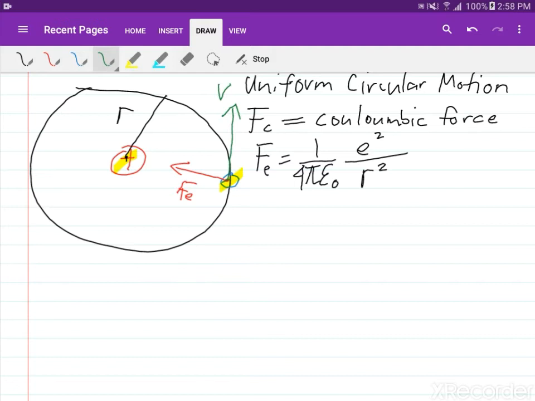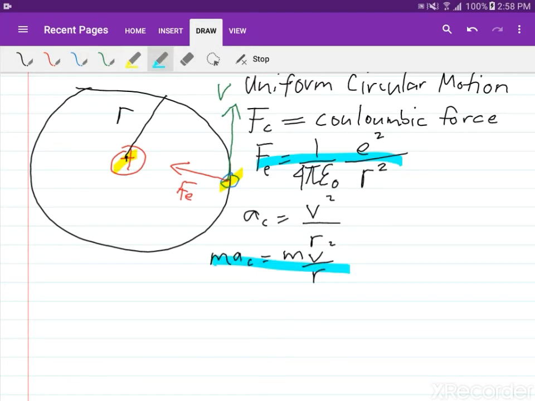We know that all forms of uniform circular motion have an acceleration of ac equals v squared over r. If we want the centripetal force, we multiply by the mass, so m ac equals mv squared over r. We will equate the Coulombic force to this centripetal force.